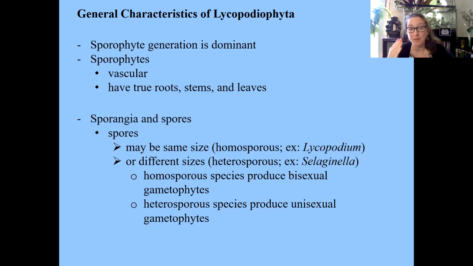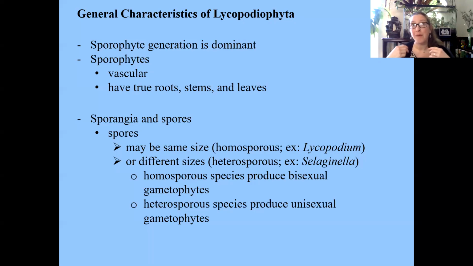So some species have homosporous spores, meaning they bear spores that are all the exact same size, and you can't differentiate them in that species. However, other species like Selaginella have what are called heterosporous spores. So hetero means different, and sporous still refers to spore.